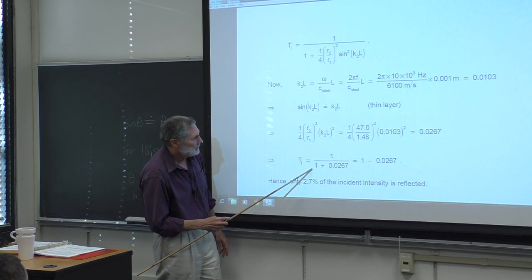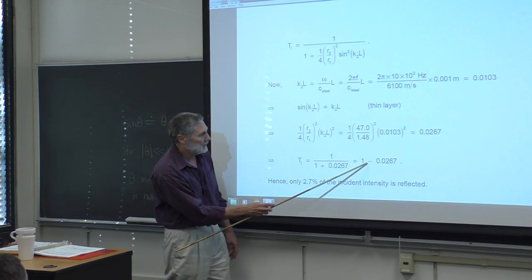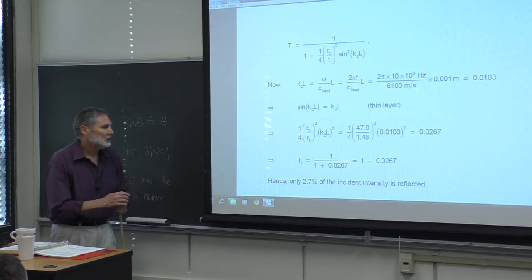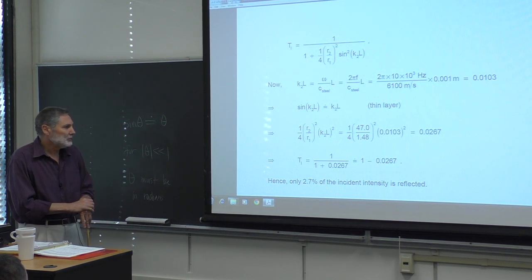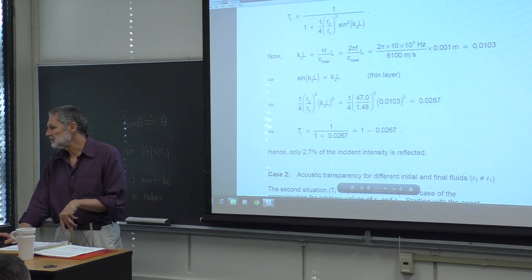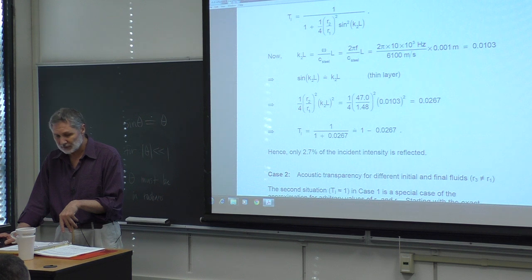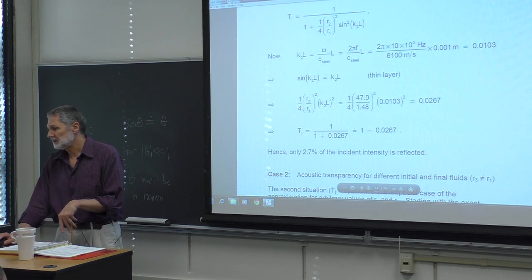This is small compared to that, so 1 plus a small quantity, 1 over that is 1 minus a small quantity. So what we're seeing here is about 3% of the intensity is being reflected. We've calculated that. We'll do a similar problem to this on Thursday.